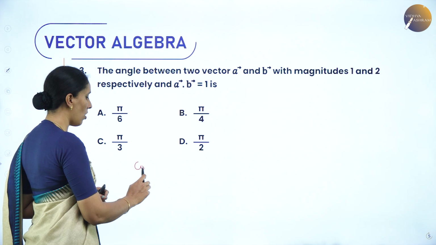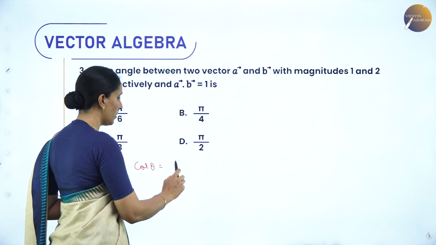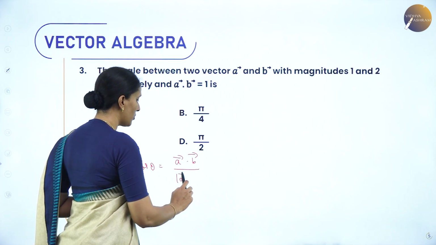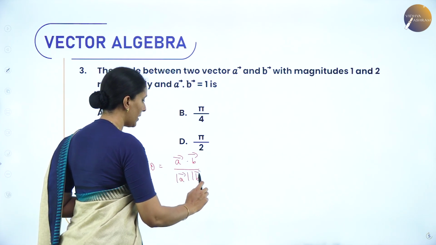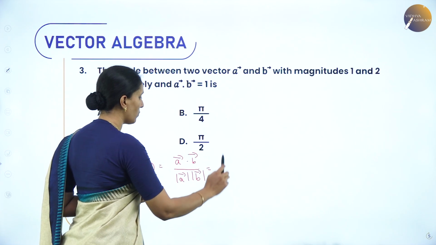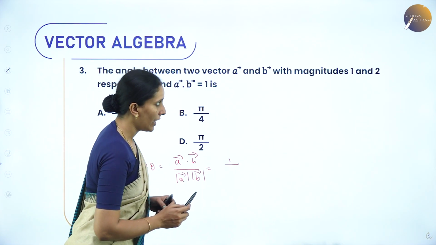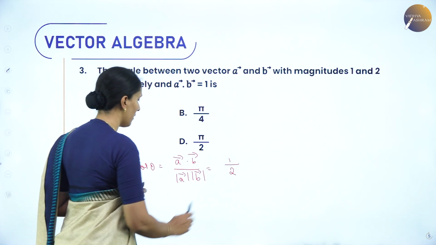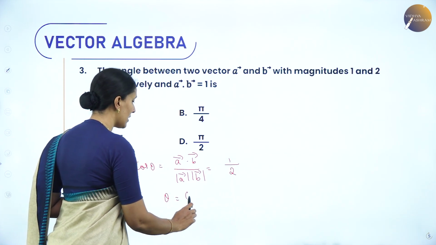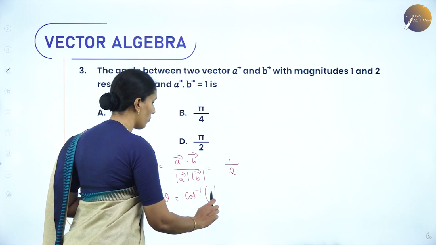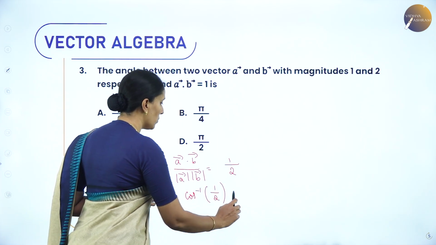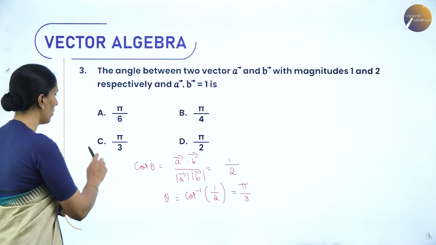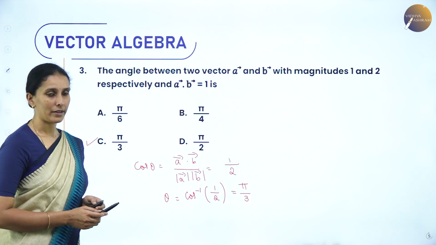We know that cos theta is equal to A dot B divided by magnitude of A, magnitude of B. A dot B is given as 1, magnitude of A is 1 and magnitude of B is 2. So 1 into 2 is 1 by 2. So theta is equal to cos inverse of 1 by 2, whose value will be equal to pi by 3. Therefore, option C is right.